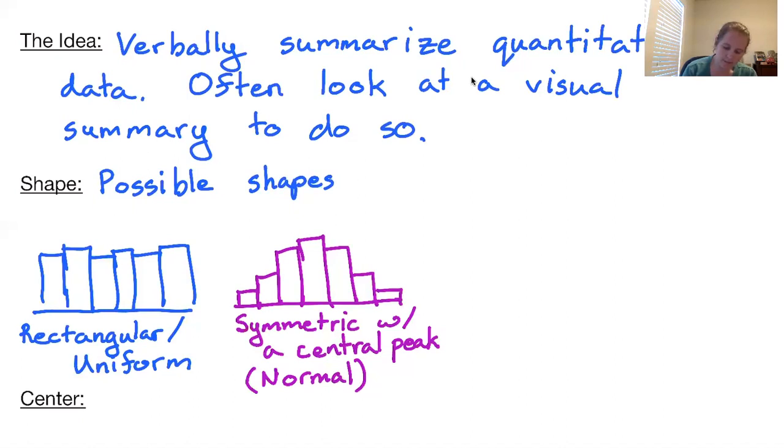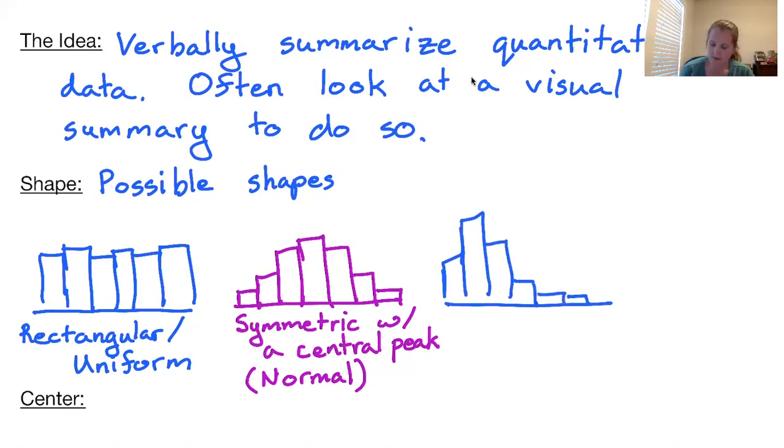Next up, we may sort of have that hill shape, but have the hill shoved to one side. So if we shove our hill to the left and then sort of have a long tail to the right, we call this skewed right.